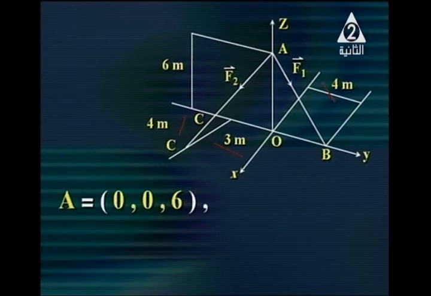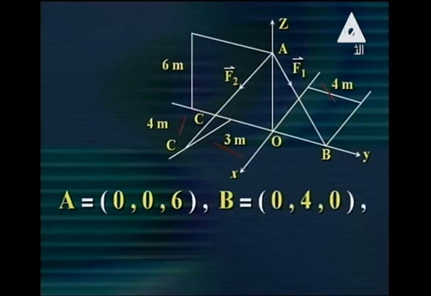Look at point A: 0, 0, 6. Why? Because the x coordinate is 0, y is 0, but z equals 6. What is the value of z? Look, it is 6 meters, the intercept on the z axis.